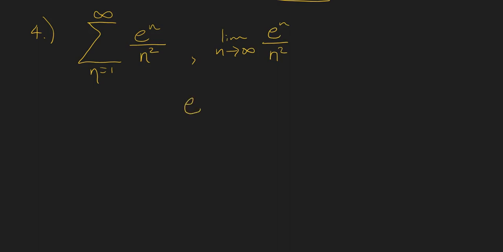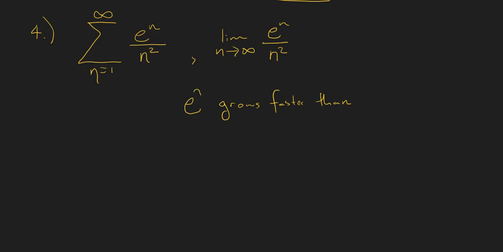the function e to the n grows faster than n to, and I will actually write this a different way, a way that you'll probably see it a lot more often, and then I will replace the x's with n's later on.